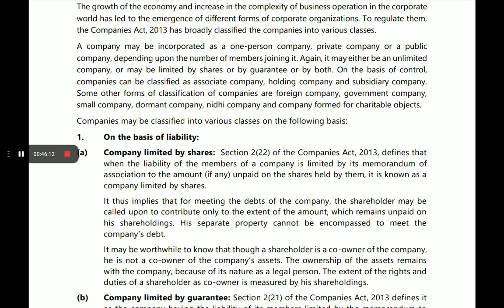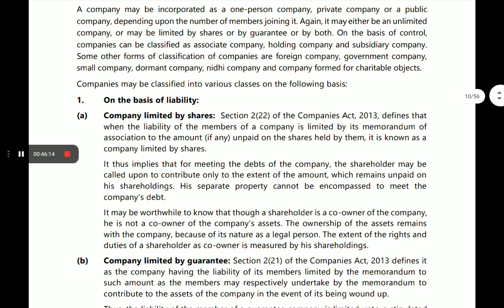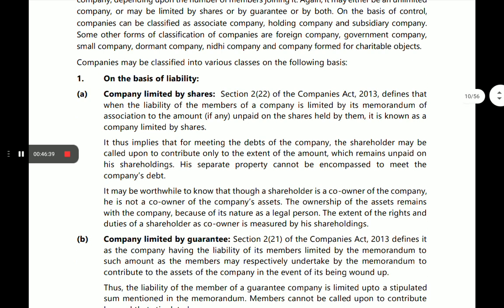On the basis of liability. Company limited by shares. Section 2 subsection 22 of the Companies Act 2013 defines that when the liability of the members of a company is limited by its memorandum of association to the amount, if any, unpaid on the shares held by them, it is known as a company limited by shares.